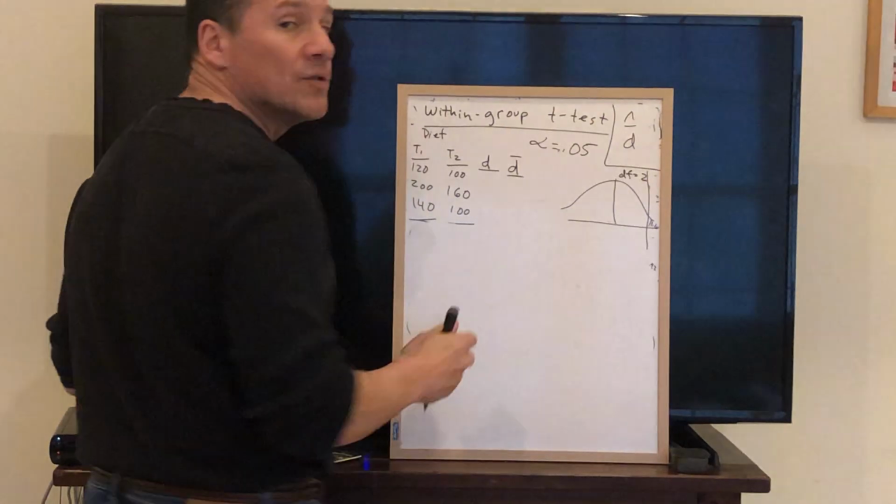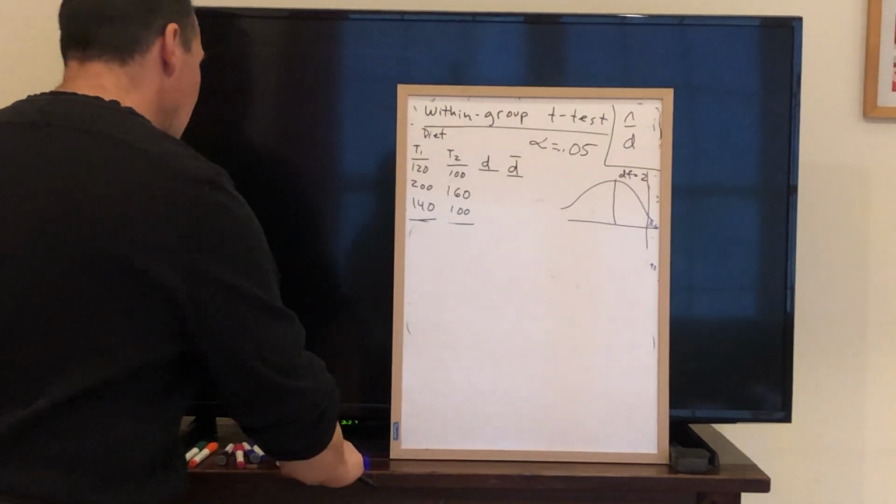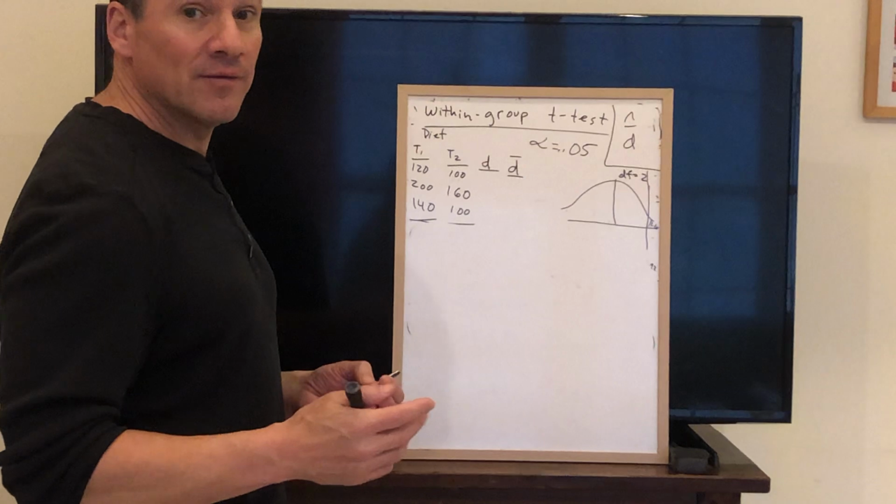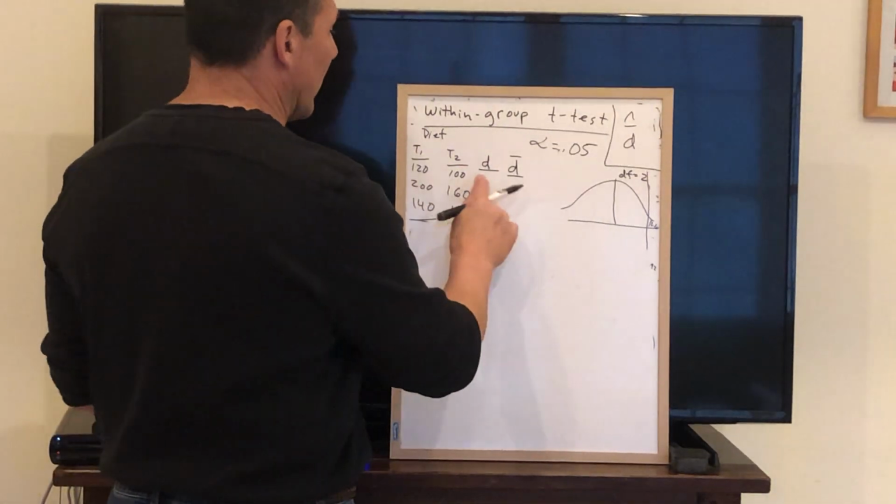To do this, we're going to use the same kind of process we used for the one sample t-test, very similar. We're going to figure out the differences.